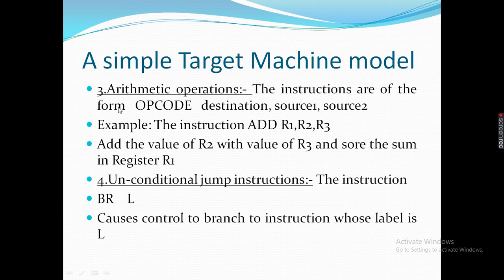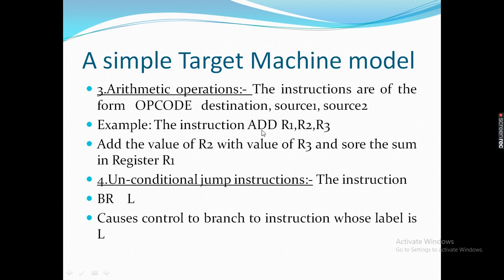Third one, arithmetic operations. For performing arithmetic operations, the instructions are of the form opcode, followed by destination, followed by n number of sources: source 1, source 2 and so on.